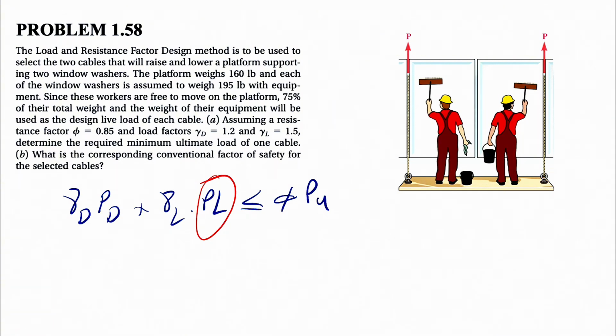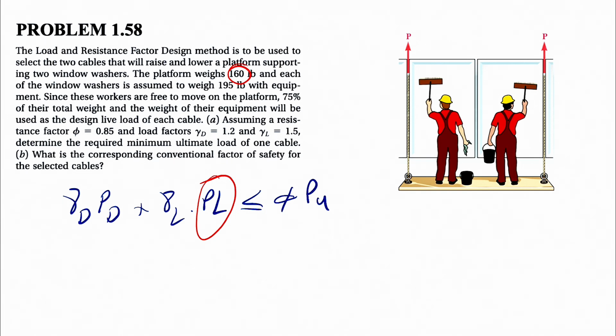The first line says that load and resistance factor design is used to select the two cables that will raise and lower the platform supporting these two window washers. The platform weighs 160 pounds, which is supported by these two cables on left and right.